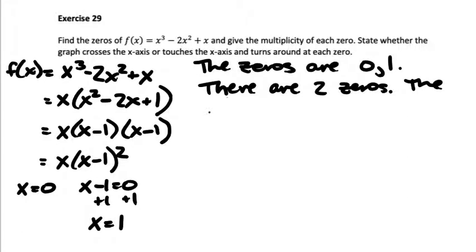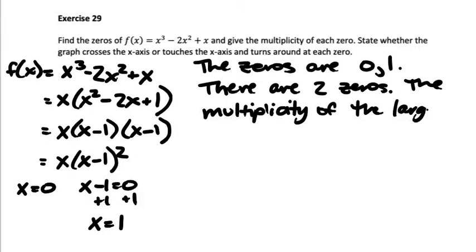The multiplicity of the largest zero: 1 is a larger number than 0. So the multiplicity of the 1 is 2, because the 1 comes from this factor, and this factor has a power of 2.